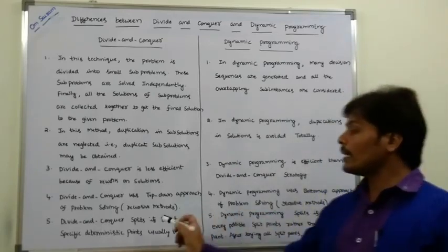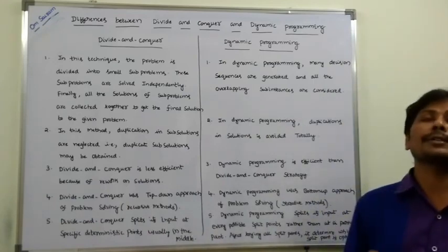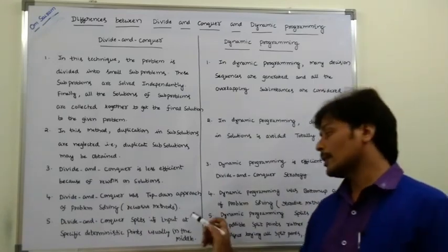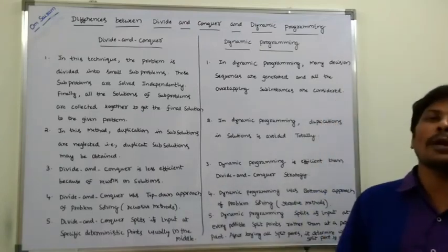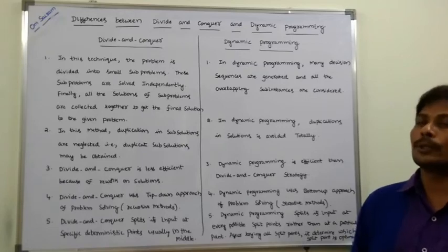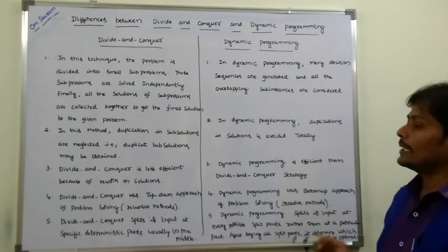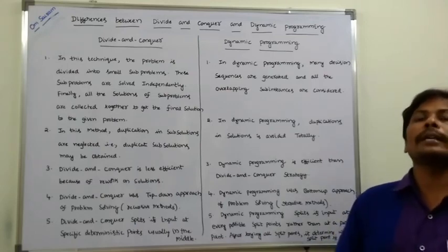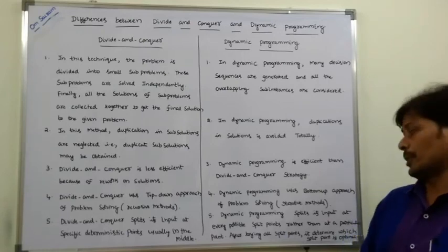In divide and conquer there is a specific point to divide the given list, usually in the middle. But in dynamic programming, there is no specific point to divide the given input into two sub-inputs. At each and every possible point, we can divide the given input.